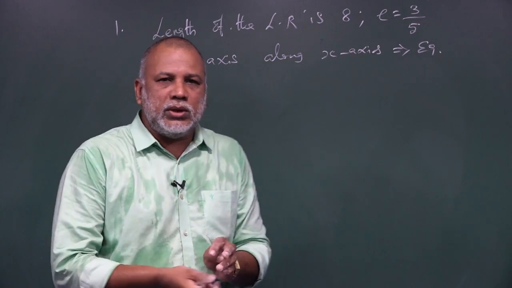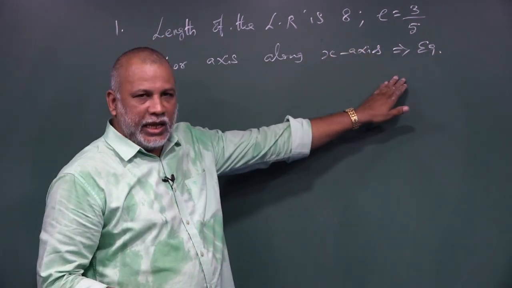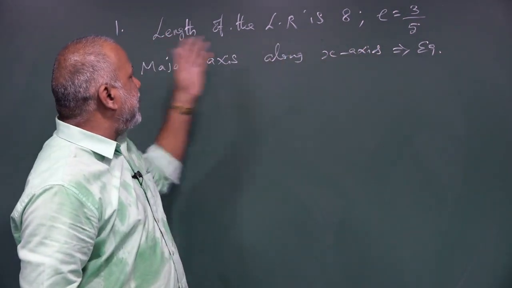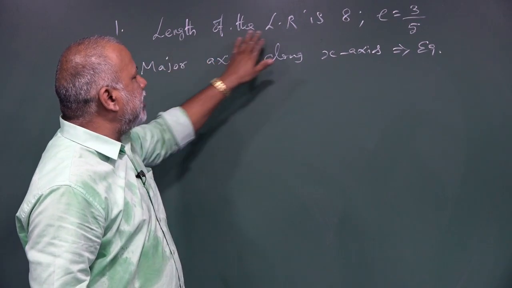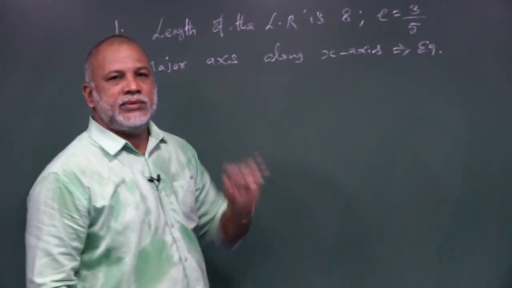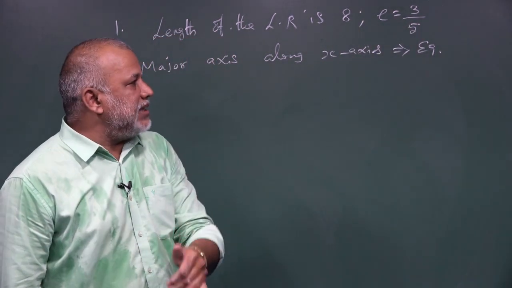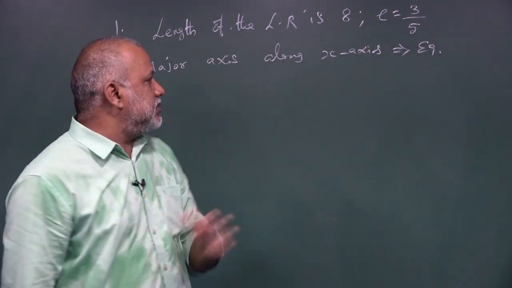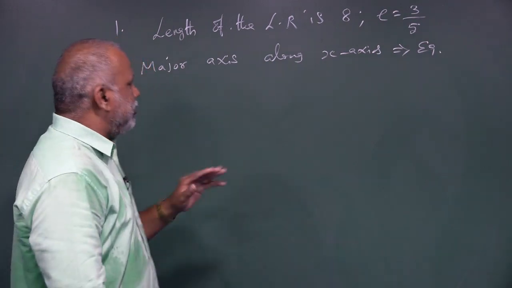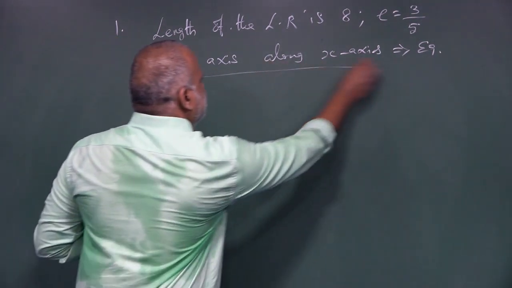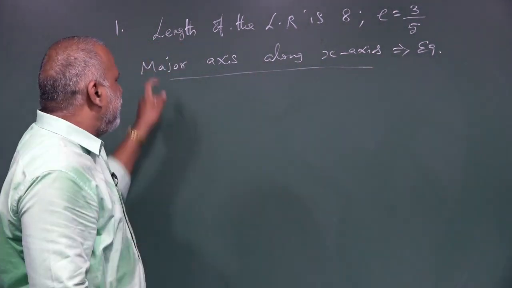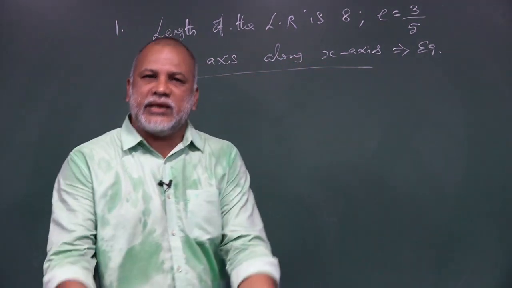So we are going to find the equation of an ellipse with the help of the given data. Length of the latus rectum is 8, e equal to 3 by 5, and major axis along x-axis. That is given as type number 1, so major axis along x-axis means type number 1.